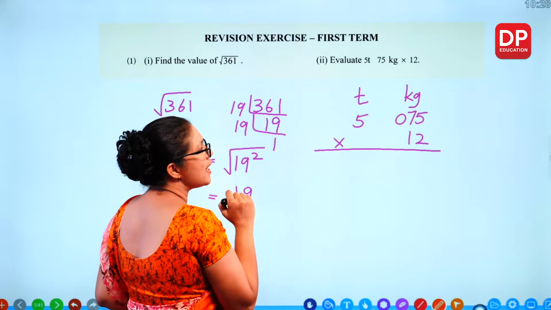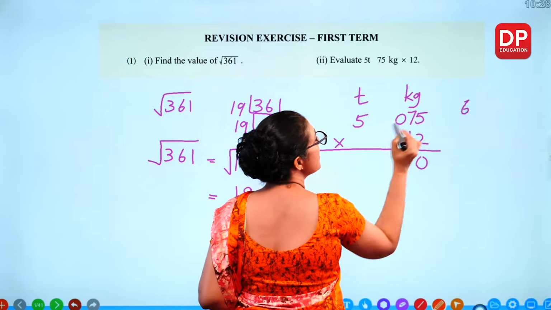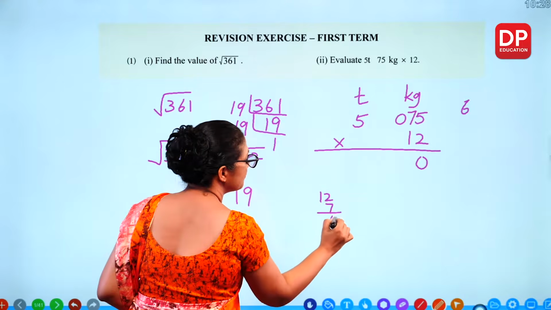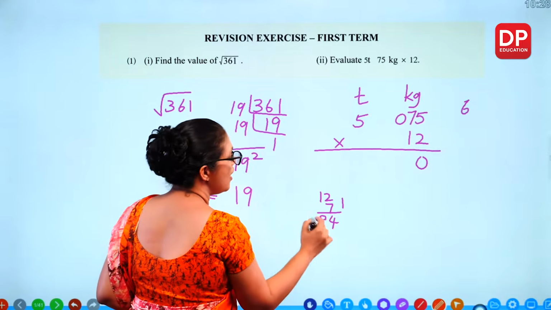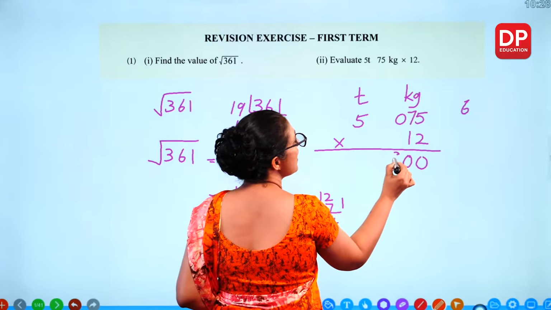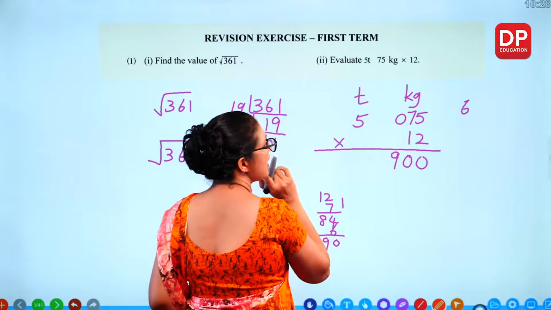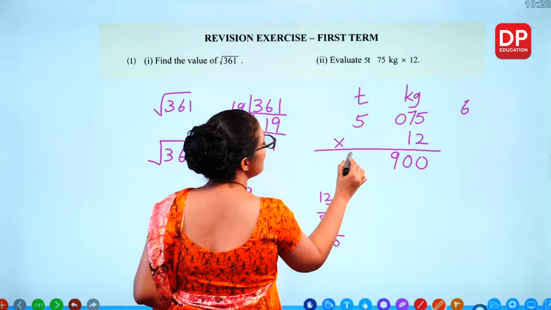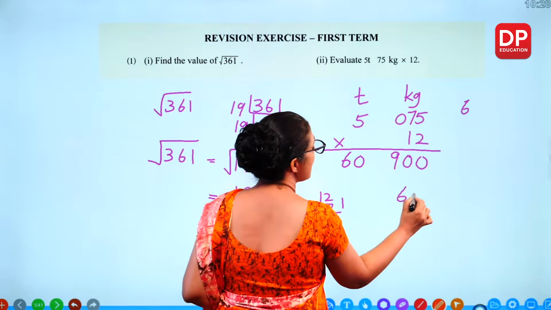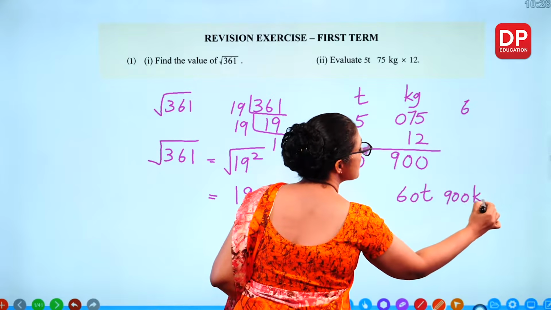So how do we multiply? 12 times 5, 60. 6 remaining. 12 times 7, 84. 84 plus 6, 90. So you get 900. That's less than 1000. So you can write as it is. 12 times 5, 60. So what's the answer? 60 tons and 900 kilograms.